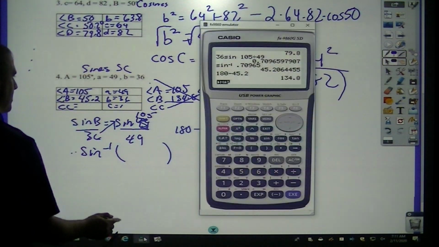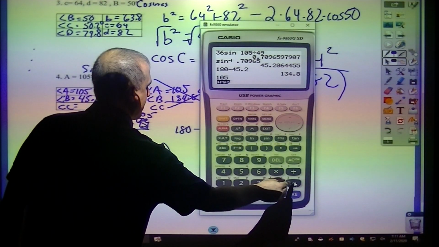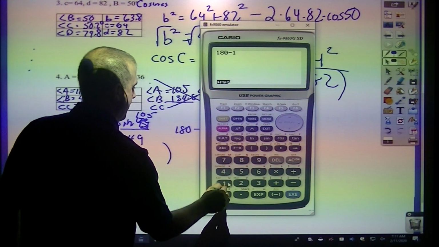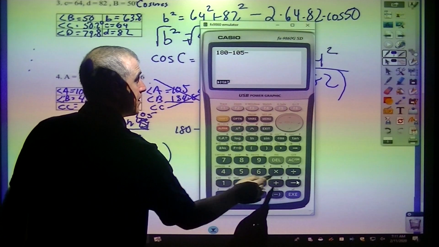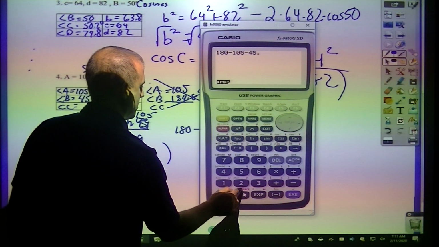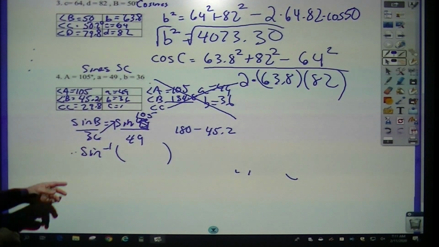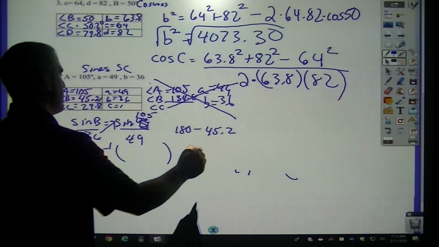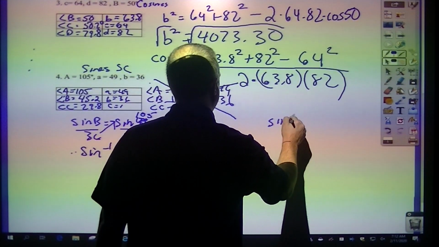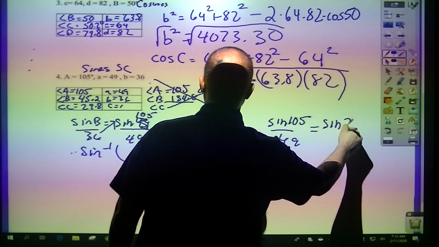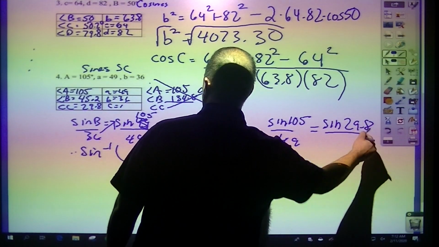Here there can be, because I do 180 minus 105 minus 45.2. That's 29.8. Then I'm just going to take what they gave me, the sine of 105 over 49, setting that equal to the sine of 29.8 all over c.